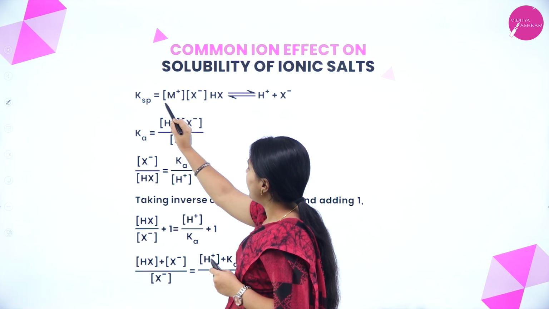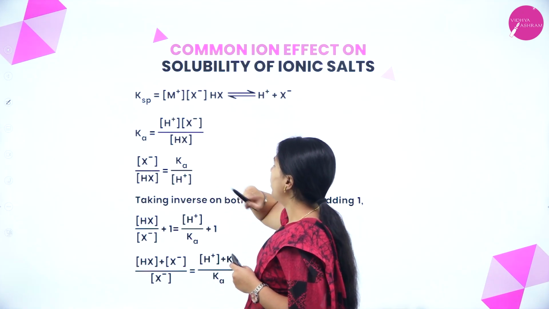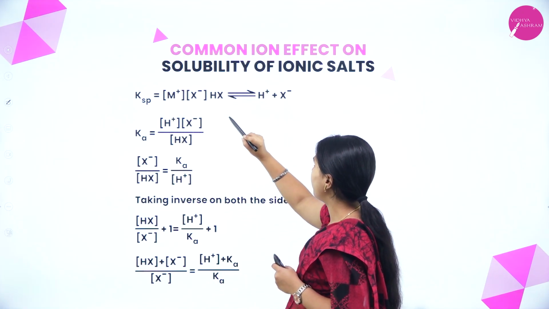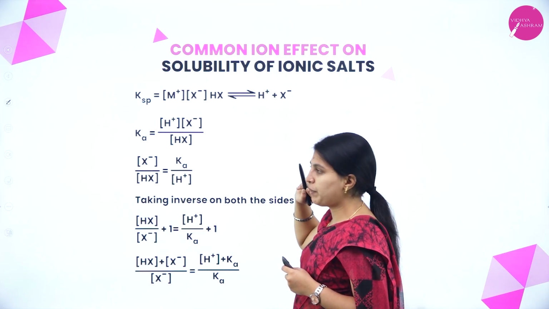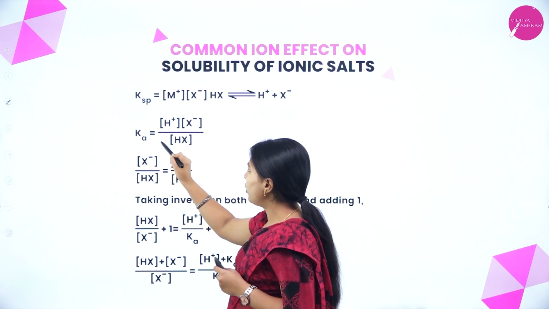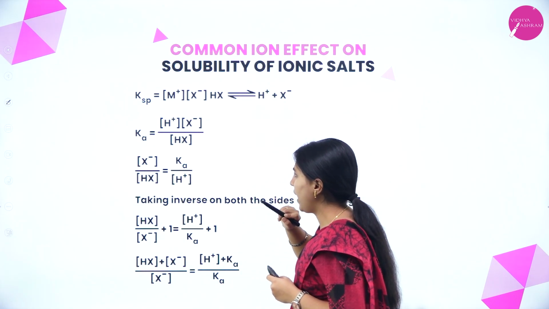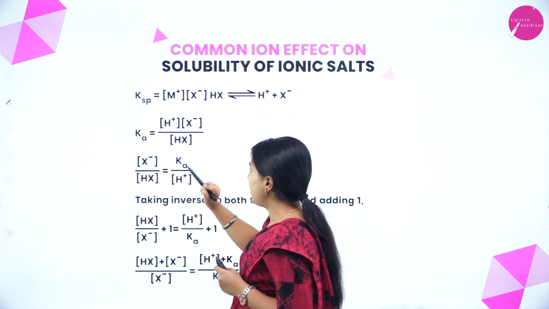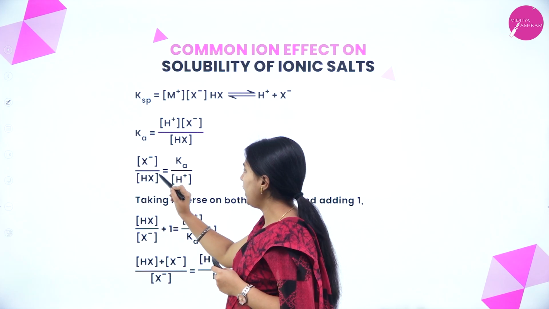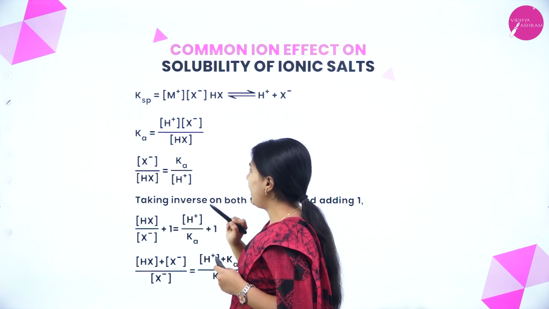Here Ksp is equivalent to the concentration of M+ into X-, and HX will give H+ and X-. You know, K is equal to the concentration of products by reactants. Taking the left hand side, the concentration of X- by HX is equal to Ka by H+.